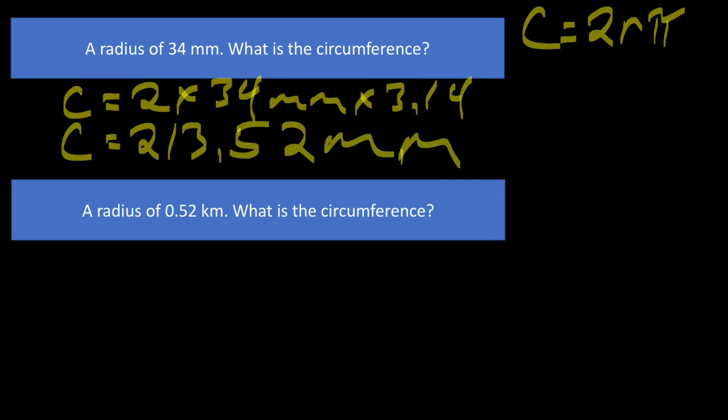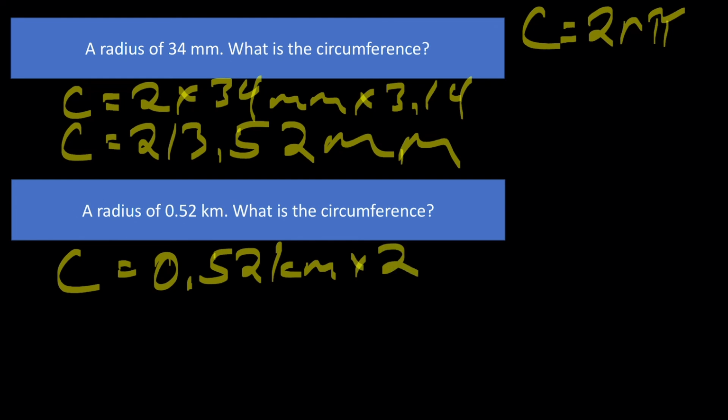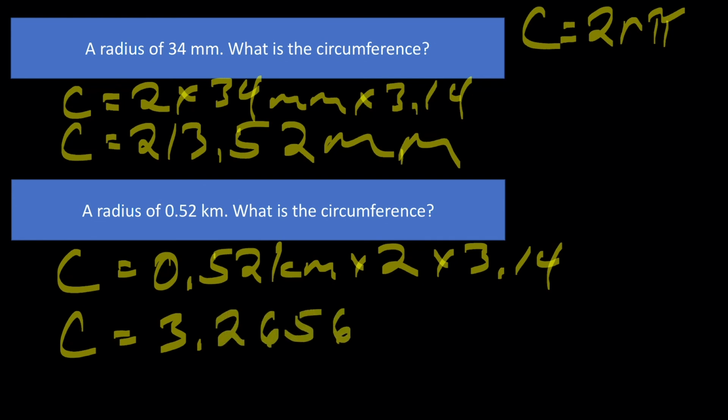And here, 0.52 kilometers times 2 times 3.14. The circumference is going to be equal to 3.2656. Remember, approximate kilometers.